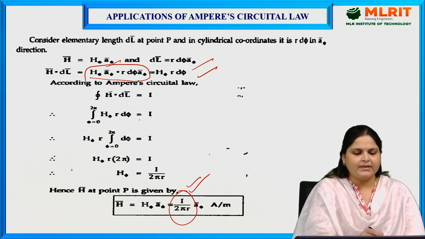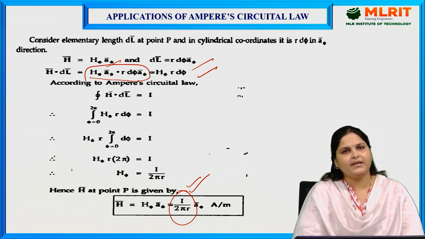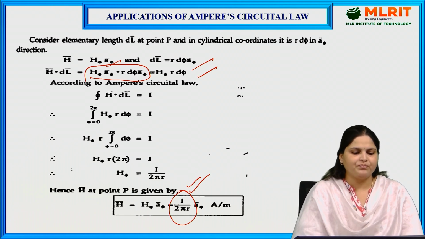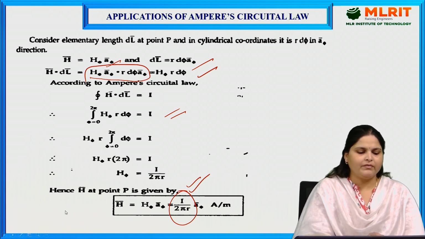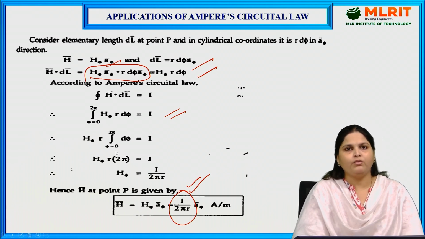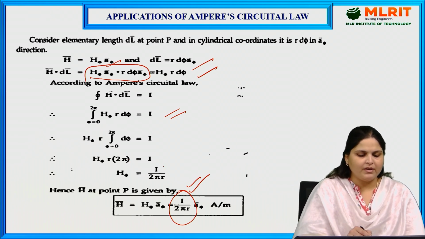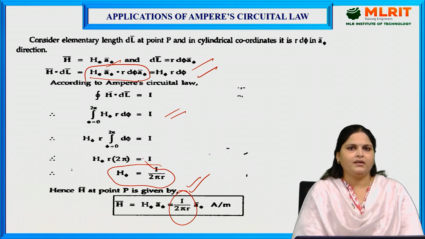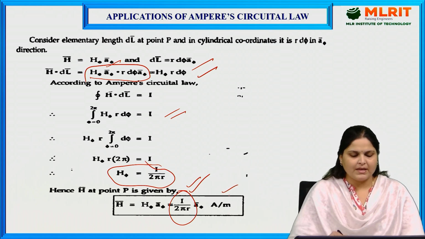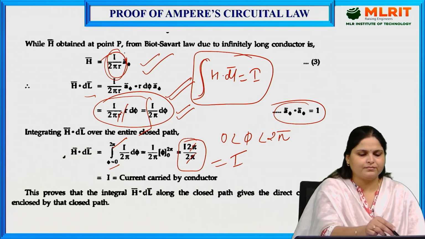Now let us put it here, and this becomes the integration of phi from 0 to 2 pi, as the limit of phi is 0 to 2 pi, equals I. H phi we will take outside and we will integrate 1. So finally it becomes H phi r 2 pi, and from here we get H phi equals I upon 2 pi r.